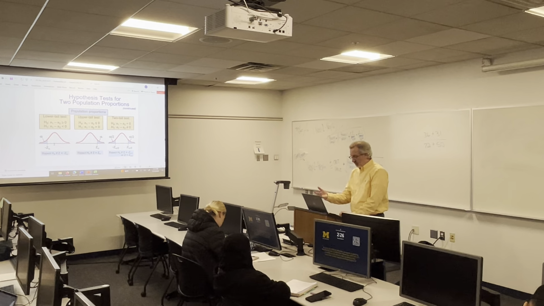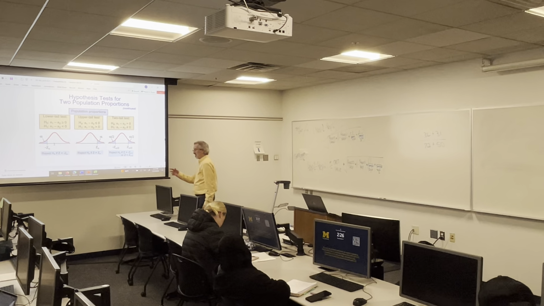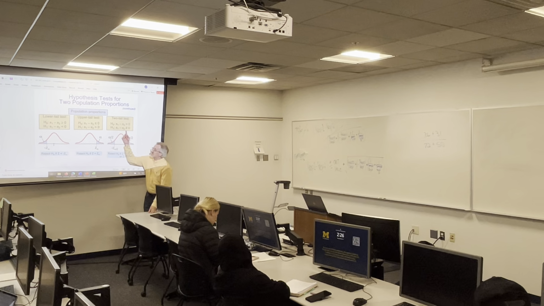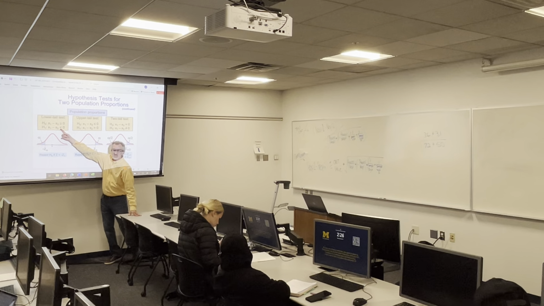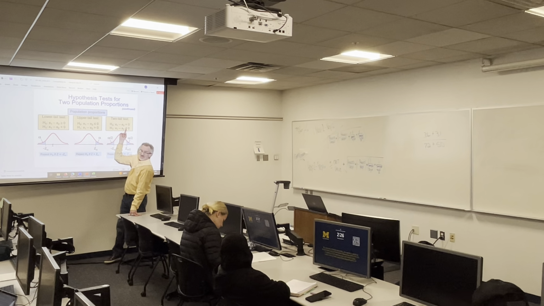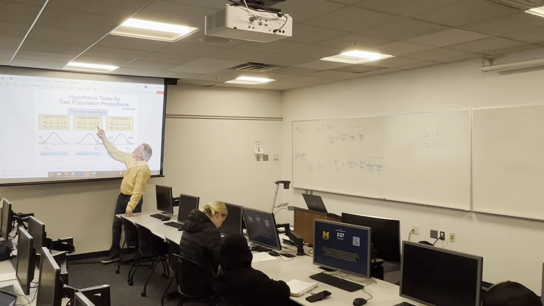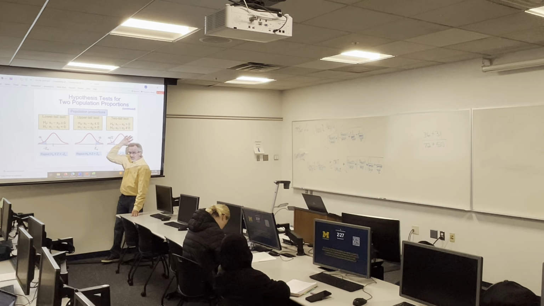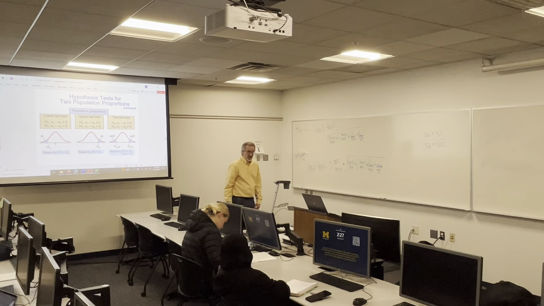By the way, the right-hand side of your alternative hypothesis is the exact same 3 choices you have had this whole semester: less than, greater than, or not equal to. That's the alternative. The null hypothesis is greater than or equal to, less than or equal to, or equal to. These have been the exact same 3 choices for an alternative and the 3 choices for a null the whole semester, so nothing's changed in there.